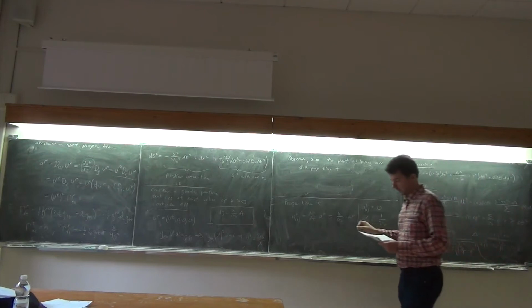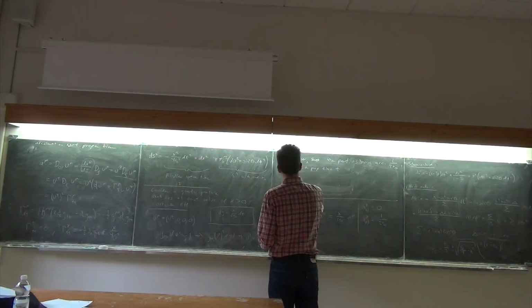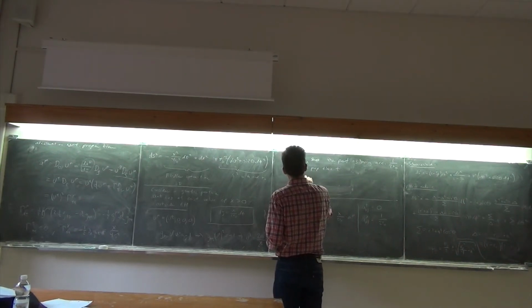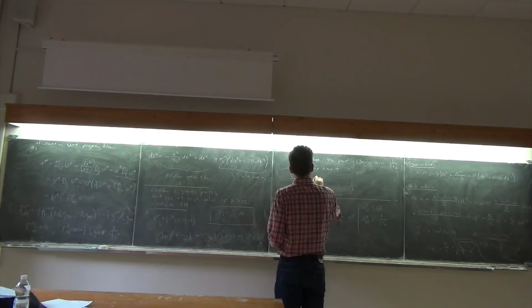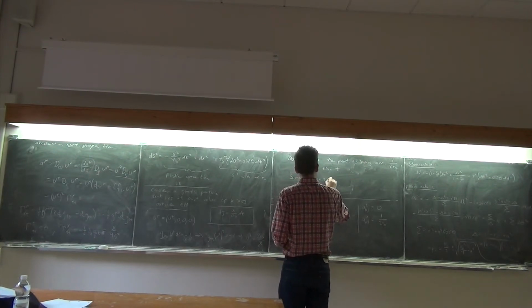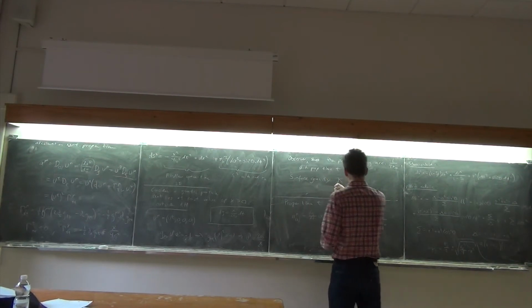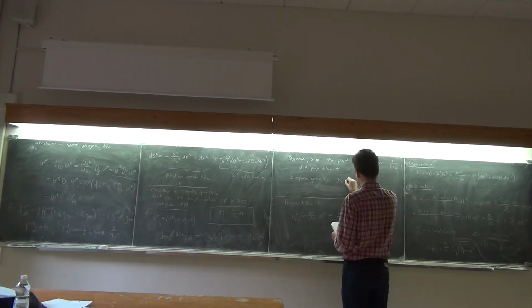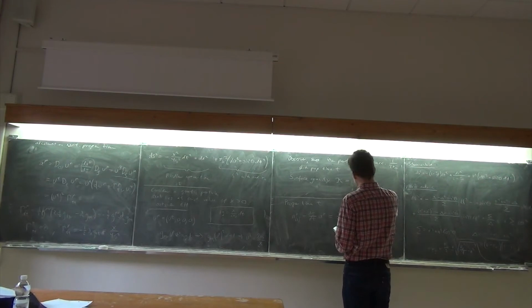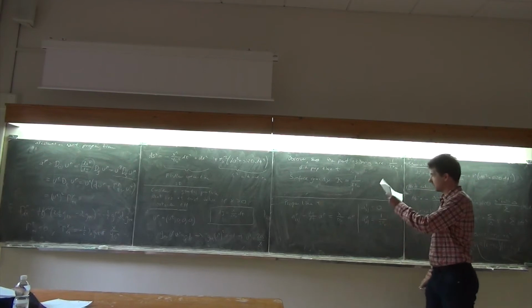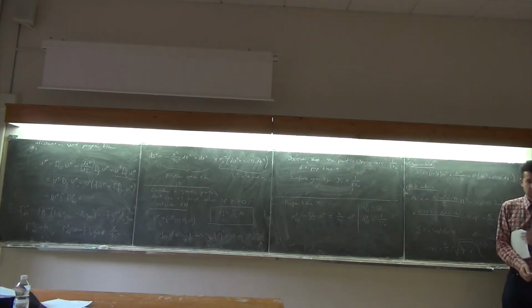This is what you call the surface gravity of the black hole. We usually write it as kappa. For the Schwarzschild black hole, the surface gravity is what we computed as 1 over 2 R0.